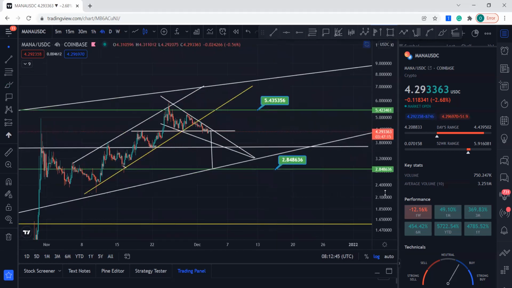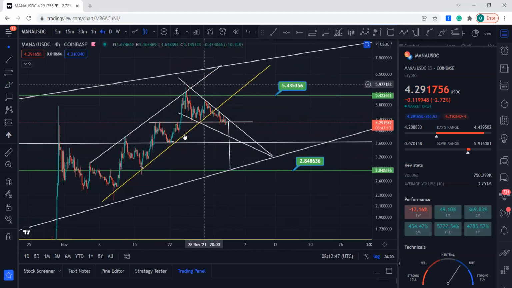Even if it makes this falling wedge and breaks that descending triangle, keep an eye on this falling wedge, because this will tell you the story. Once it breaks out, it's always the top of the wedge, and that will be a price target.